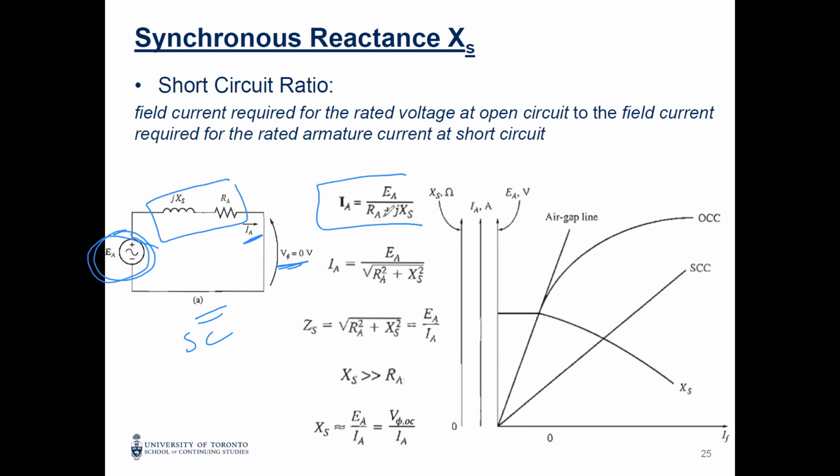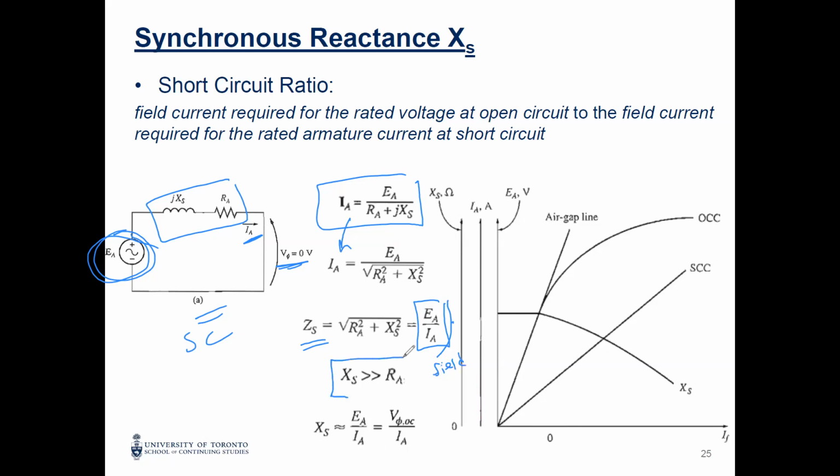This is what we have here. Then if you want to get the magnitude, it's E over the square root of R squared plus XS squared. And this is the synchronous impedance. It's E over the IA. So you divide E over IA at the same field, and of course, the same speed.